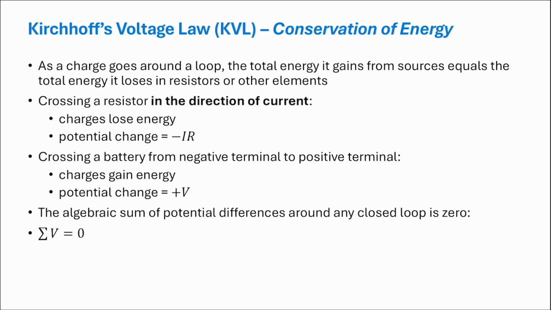The second law is Kirchhoff voltage law, KVL. This is a conservation of energy. Now the idea is that when the charge goes around a loop, the total energy gained from the sources equals the total energy it loses in the resistors or other elements.